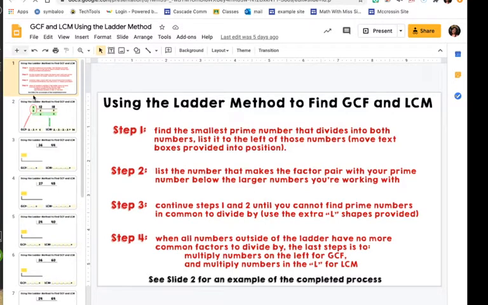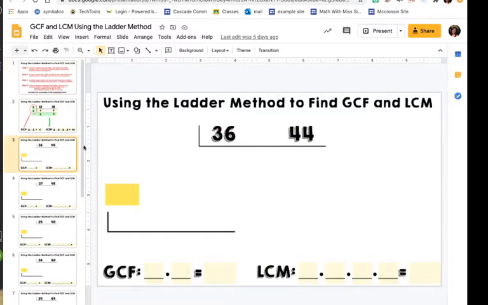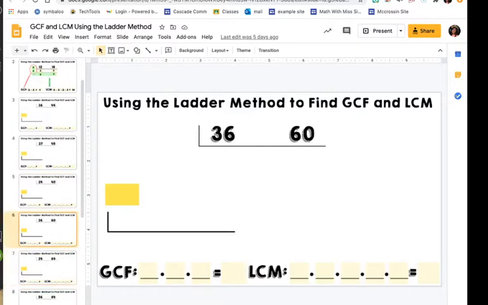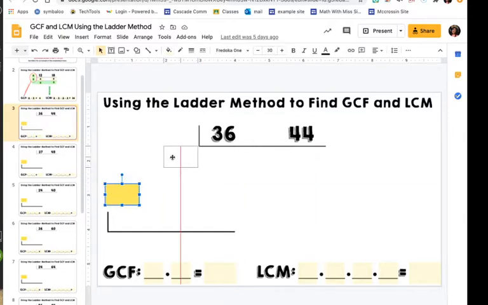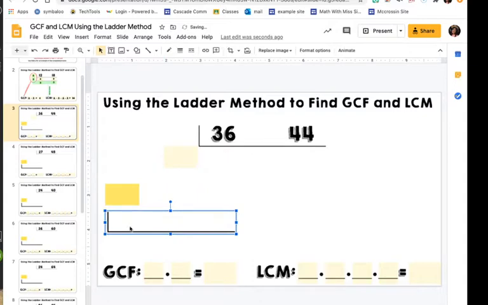What you're going to do is find the GCF and the LCM of all of these numbers. There's a bunch of them, and I'll show you how to do that right now. It's actually really easy. You take this square and move it here. You take this and move it here. And then we'll put the number in.